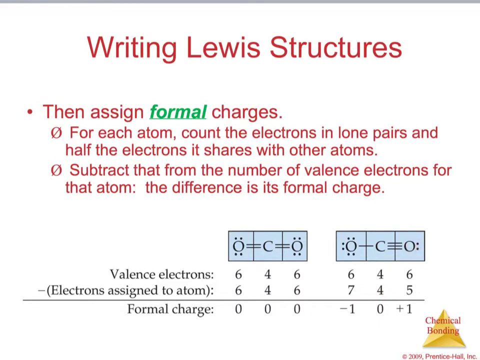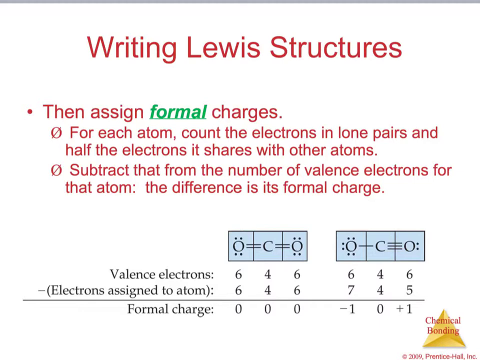And this oxygen here has 1 set of lone pairs for 2 electrons, plus half of 6, which is going to give us 3. So 2 plus 3 is 5. When I subtract these values out, I get a -1 and a +1. So what you'll notice is that when we add these two together, we also get a net charge of 0.